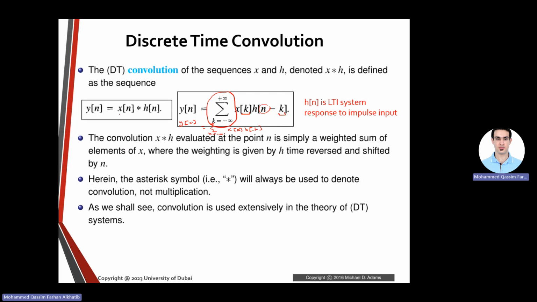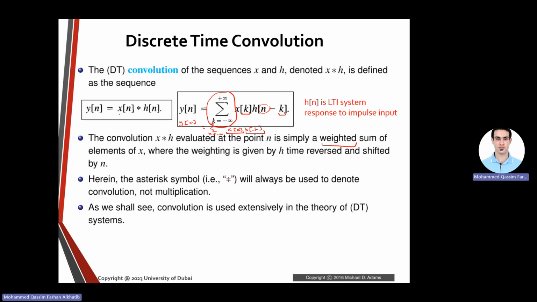You are multiplying x and h for all values of k, and that's why we call it a weighted sum. Weighted sum of what? x of k, the original sequence, weighted by the values of h of minus k, the time reversed and shifted version.